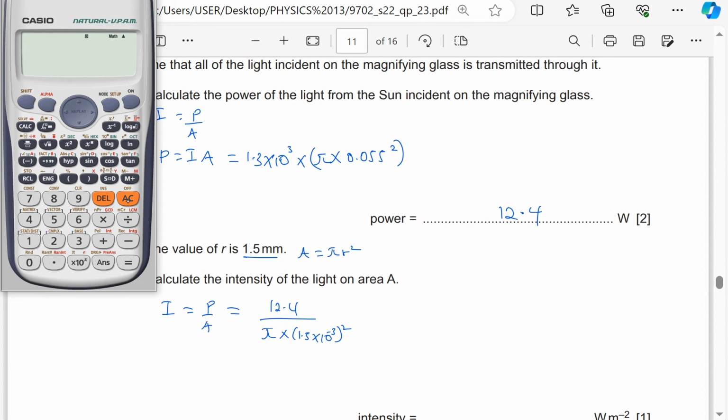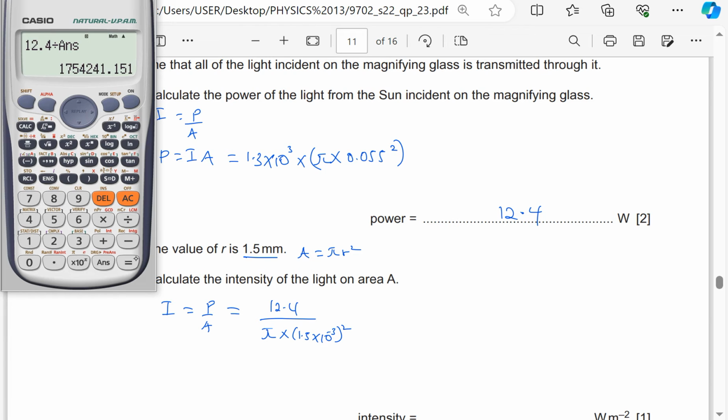I'll start from the denominator, that is pi times 1.5 times 10 to the minus 3, but it is squared. Then I get 12.4 divided by the answer.